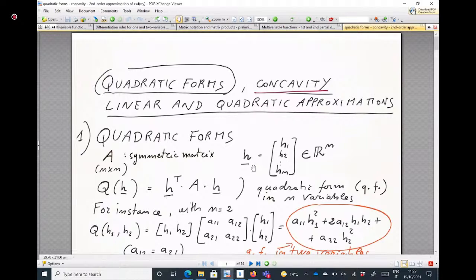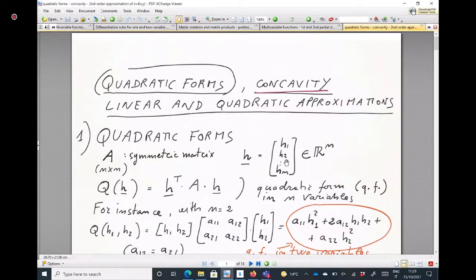Okay, so what is a quadratic form? We know already what it is. We have a symmetric square matrix, of course, n by n. We have a vector. Now we don't denote the elements of the vector as x1, x2, and xn. We denote them as h1, h2, hn. So we call the vector h. Why? Just because these will be vectors of increments, okay?